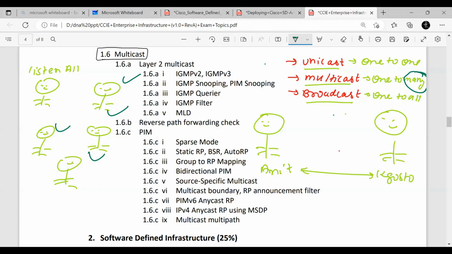So this whole section 1.6 is dedicated to multicast.